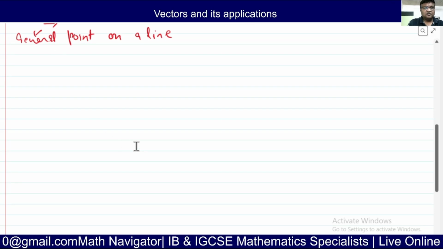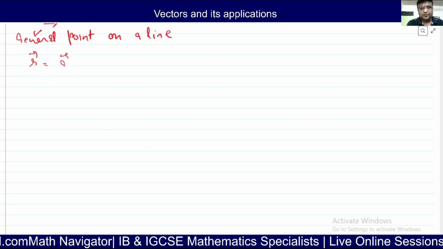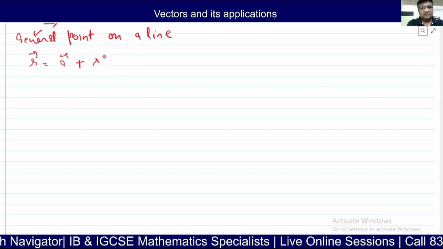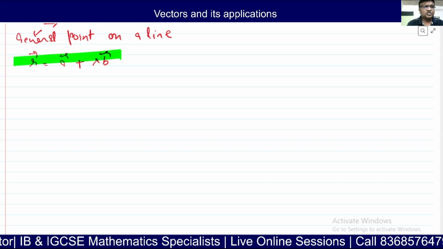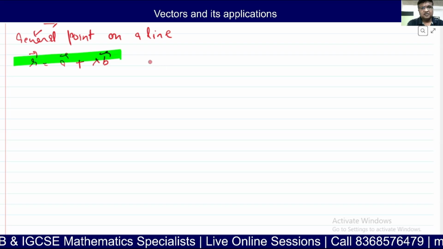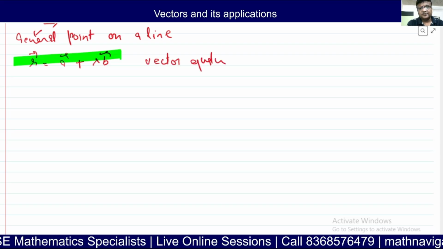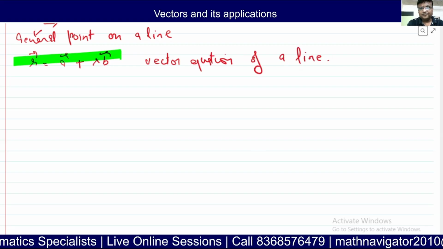So this, vector r is equal to vector a plus lambda vector b, is called the vector equation of a line. Got it?